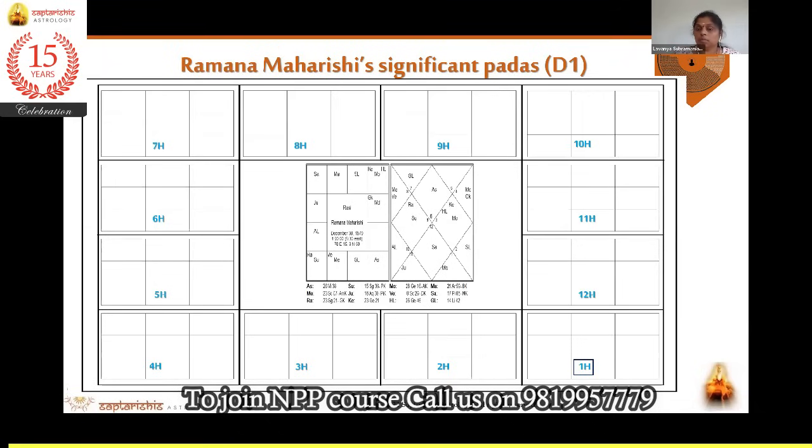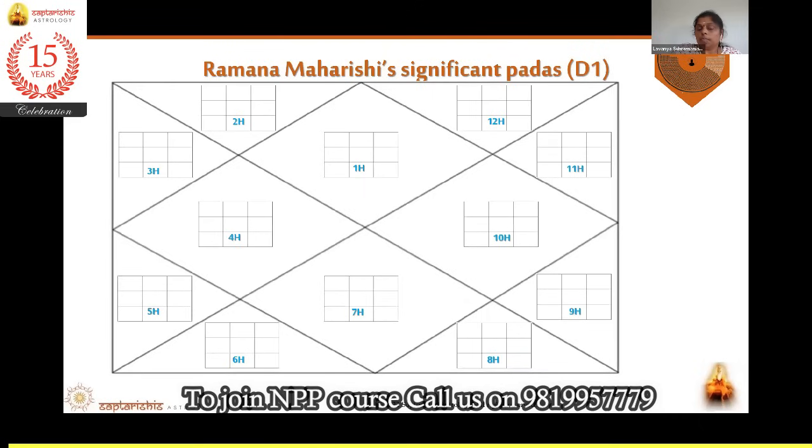These are the padas that will define each house, or give more influence on the characteristics of these houses. Now this is the North Indian style chart with the house padas.